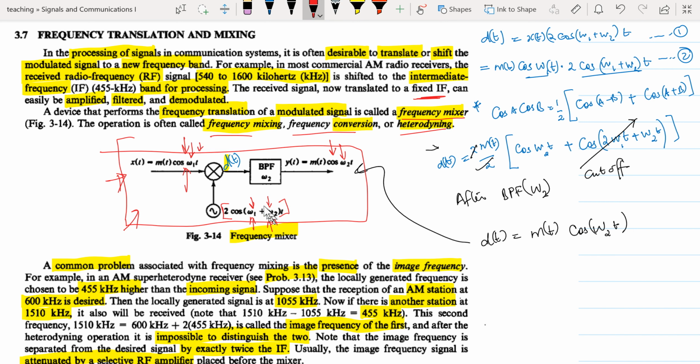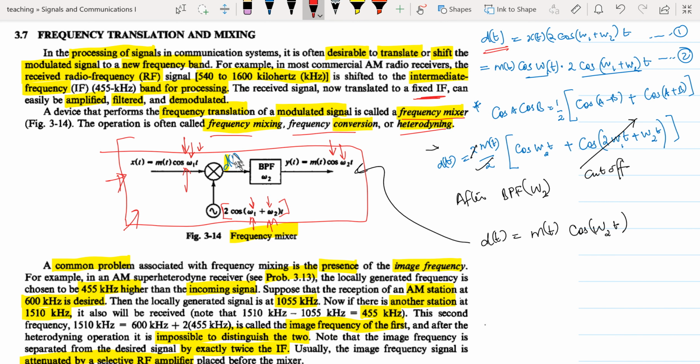Therefore, when you perform this multiplication, we are going to have two frequency components following the concept of cosine. I have just tried to give an illustration of how this is done.